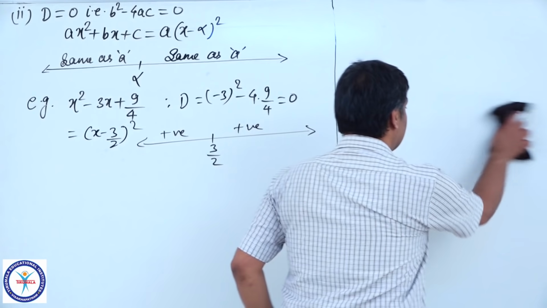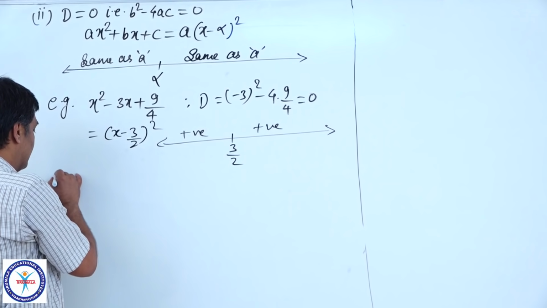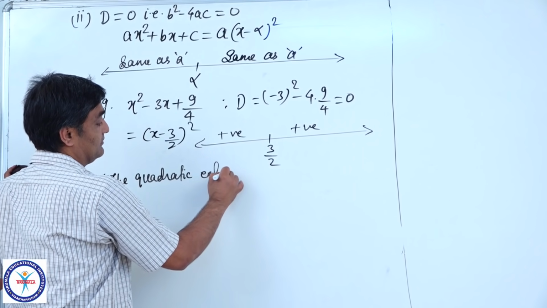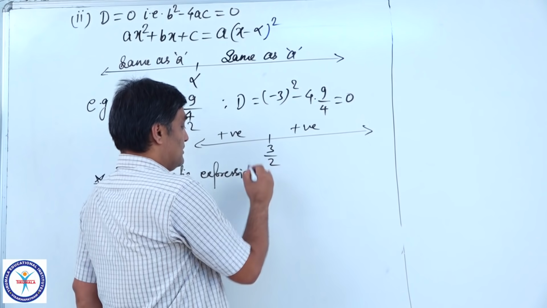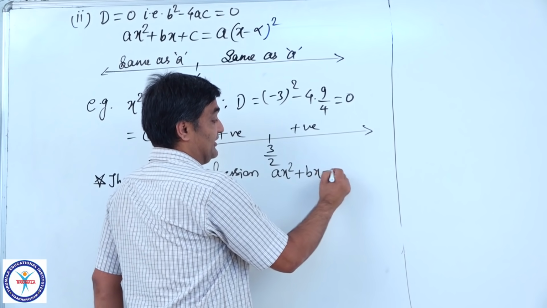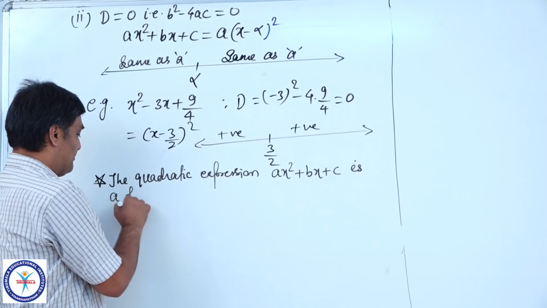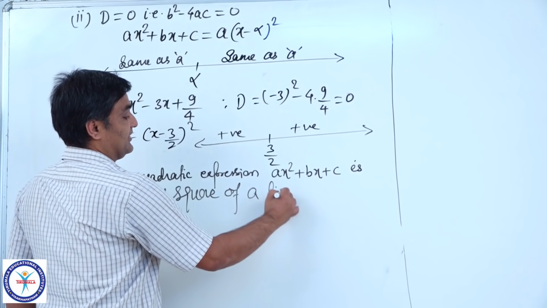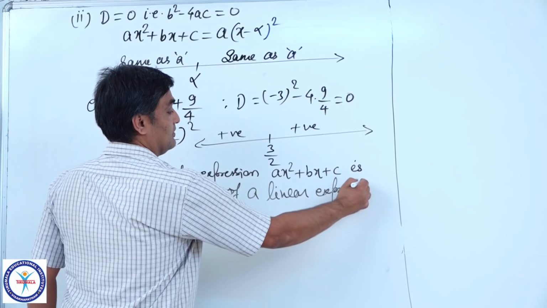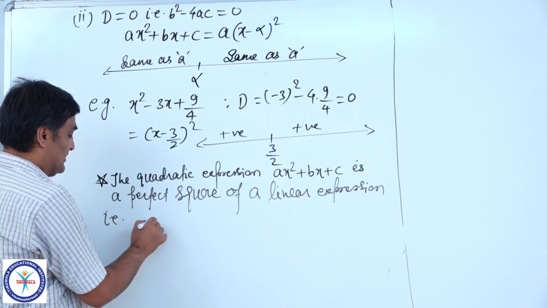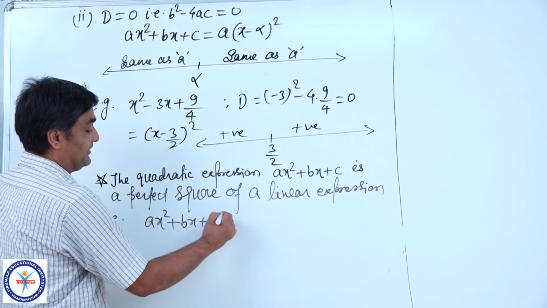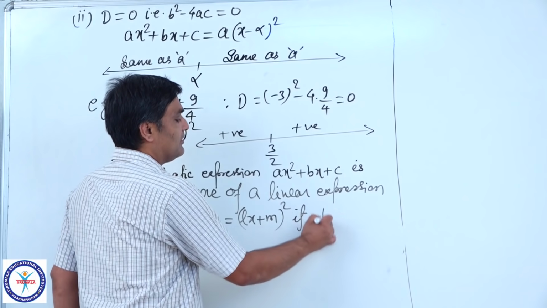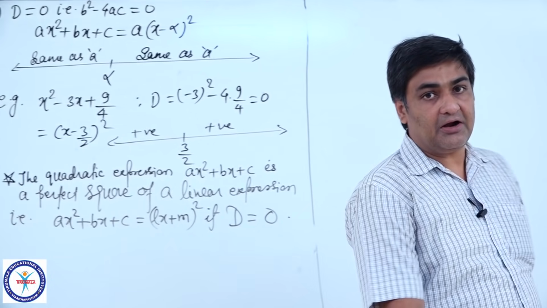So we can say that the quadratic expression ax square plus bx plus c is a perfect square of a linear expression, that is ax square plus bx plus c is equal to lx plus m whole square if d is 0, discriminant is 0.